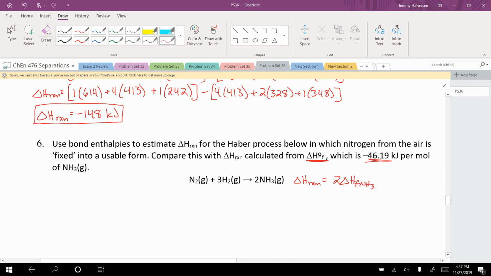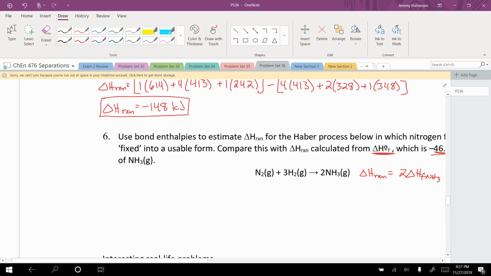So they're just asking us, let's use bond enthalpies to calculate the delta H of this reaction and see how that compares to the actual delta H of formation. So what's breaking? Well, this is N2, this is H2, this is NH3. So I'm going to have broken an N triple bond and 3 HH single bonds. And what's formed? 6 NH single bonds.